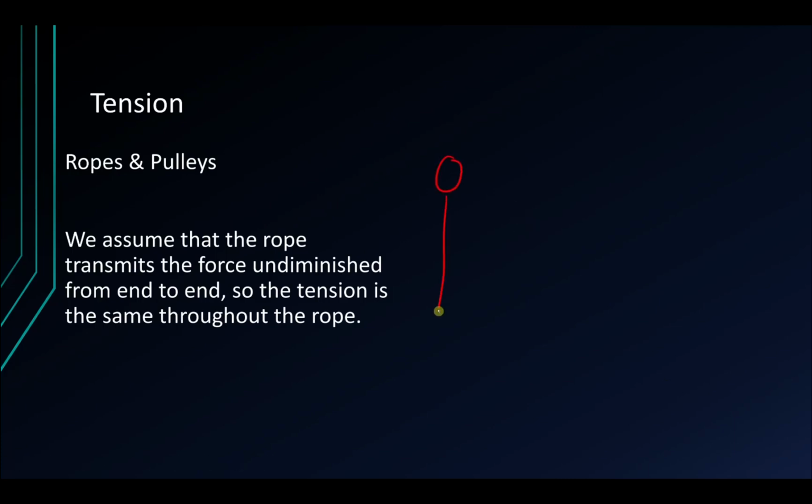So if I have people playing tug of war and each of them is pulling on the rope, each one is going to be applying tension, that's a T, to the other. Whenever we think about ropes in a general physics class, we make a couple assumptions. The first one is that this rope doesn't stretch. Why? Because incorporating stretching is going to be mathematically complex, and we're not at that point yet.